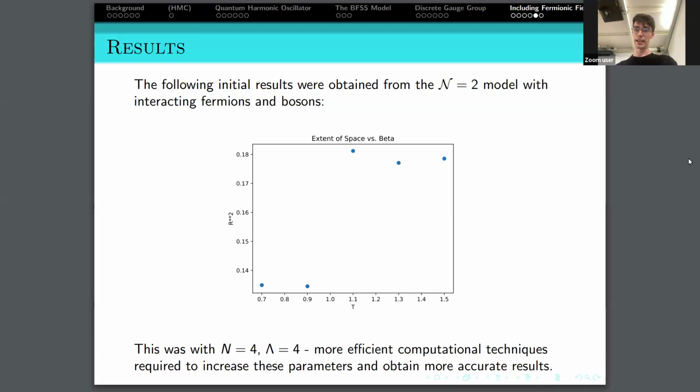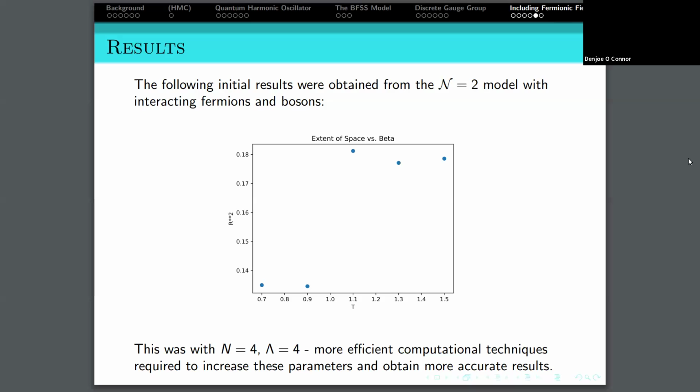There's not the expected high temperature behavior that was seen in the bosonic only case, but these results are for N equal to 4 and lambda equal to 4. So I expect that by pushing up N and lambda, we get something closer to results that represent reality or analytic results.